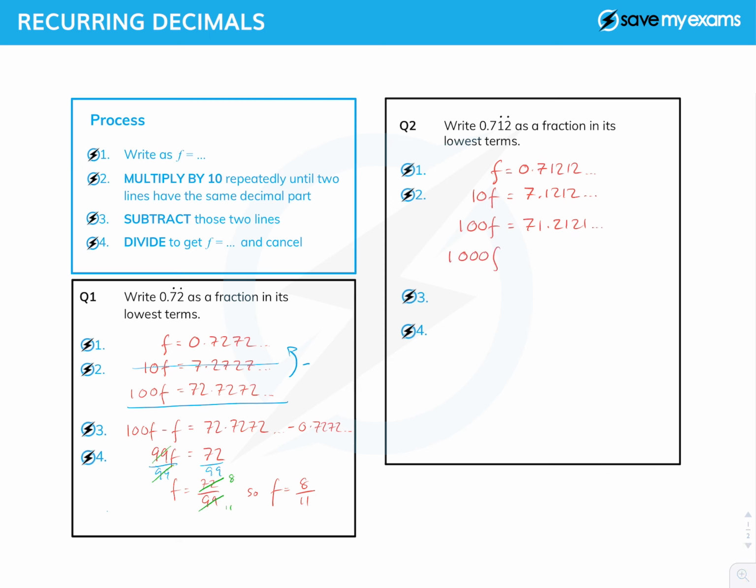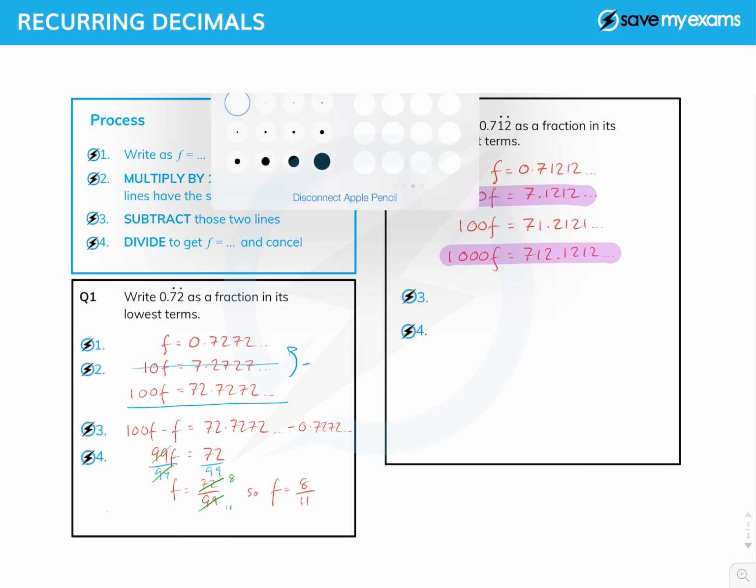So multiply by 10 again and I get 1000f. And on the right-hand side, moving the decimal point one more time, I get 712 point, well, now it does start 1, 2, 1, 2 and keeps going. And you can see that the second line and the fourth line have the same decimal part.